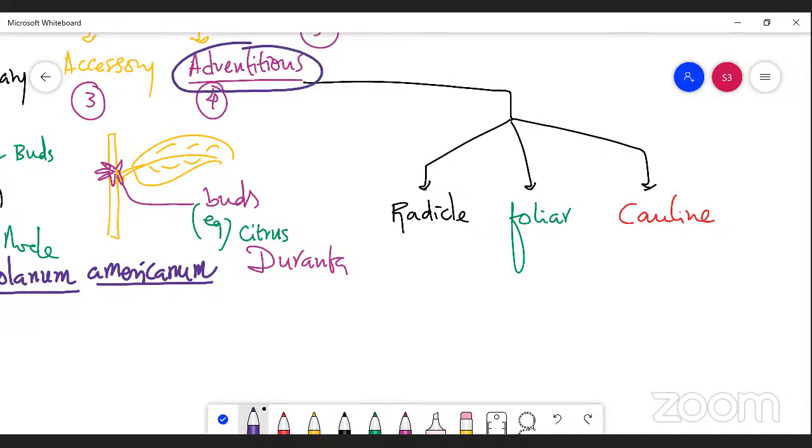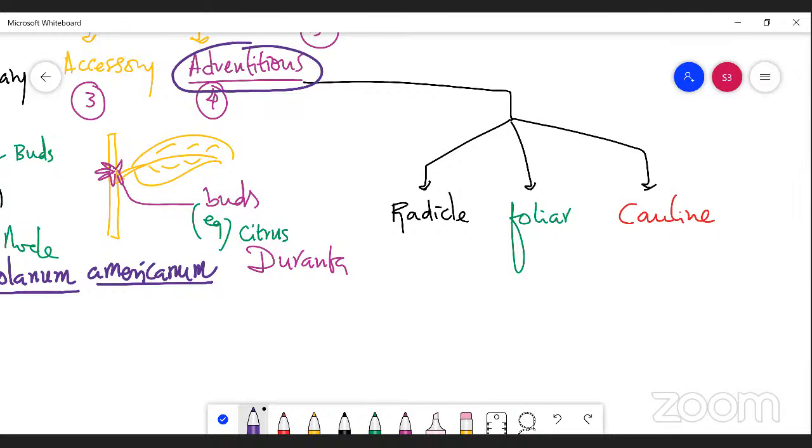Adventitious buds are entirely different from the other types of buds because these buds may arise from any part of the plant body other than the normal position. It may originate from the root portion, or from the foliar, leafy portion, or it may develop from the stem portion directly. Hence it is known as an adventitious bud.